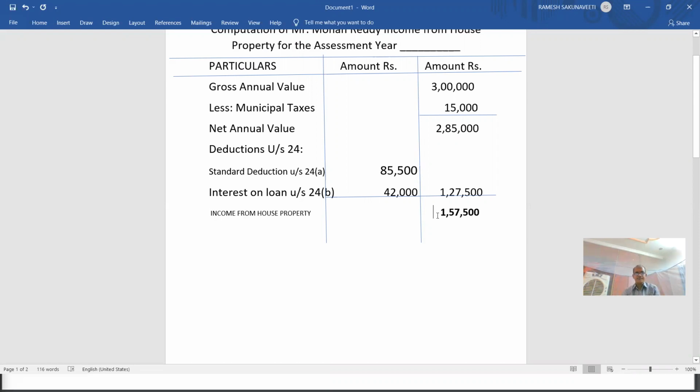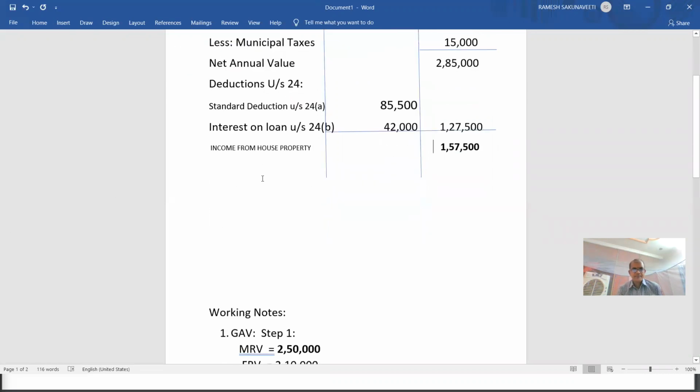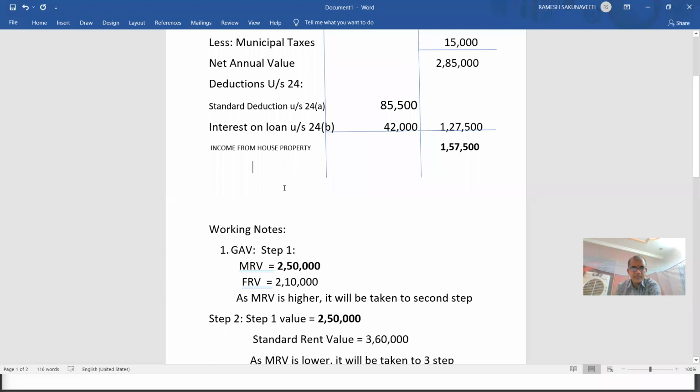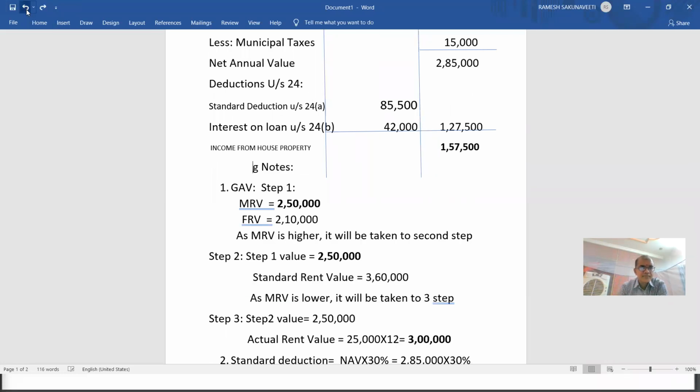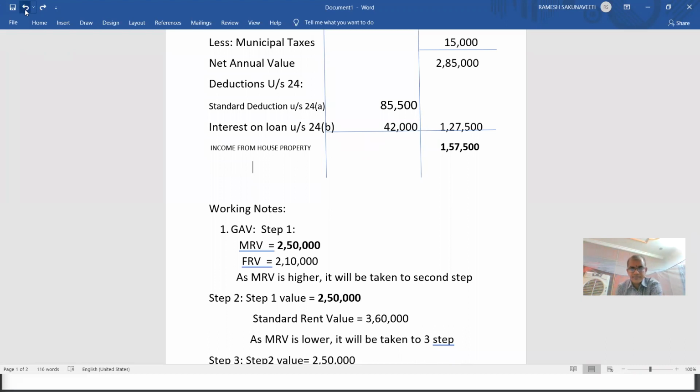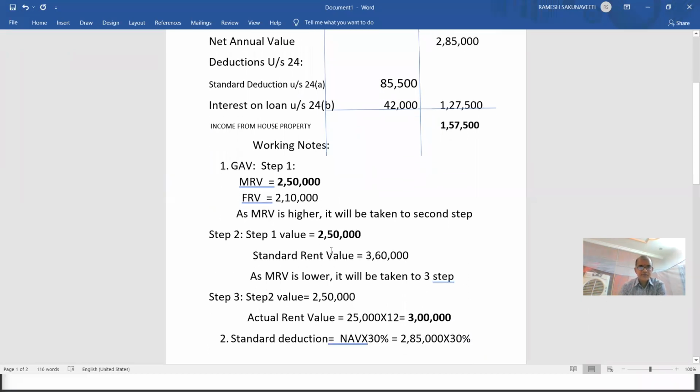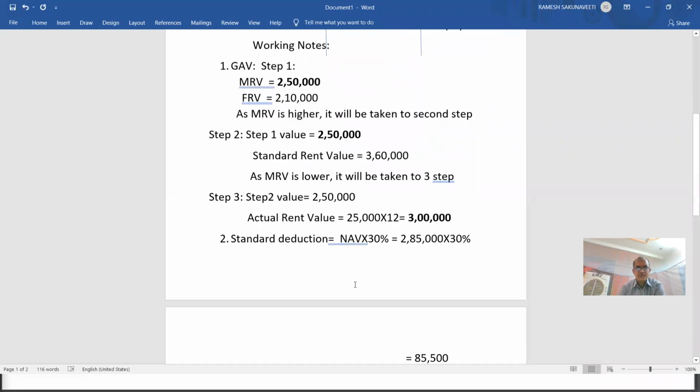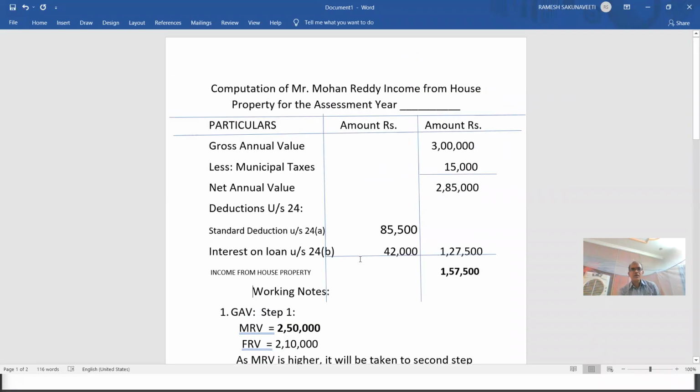Did you understand? Is it clear? Working notes should be like this. Without working notes, nobody will award you total marks. Please remember. Copying this from other students' notes takes less than 5 minutes, as just 5-6 amounts are there, so anybody can easily copy.